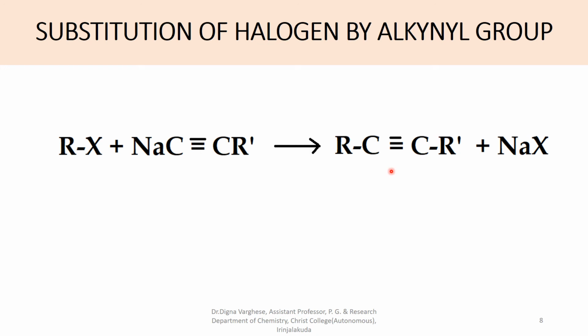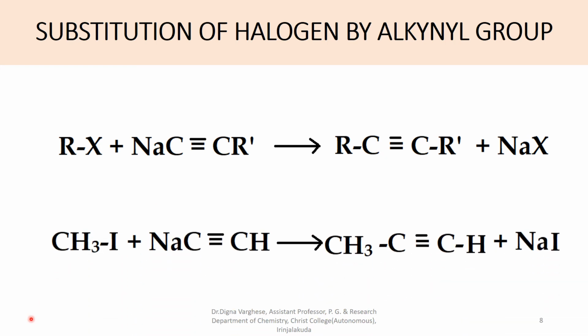We know alkane is a single bonded carbon compound and alkene is a double bonded carbon compound. Alkyne is a triply bonded carbon compound. Here you can see methyl iodide reacts with sodium alkynide.